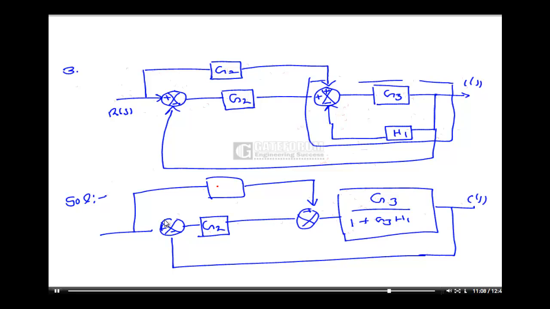Now we have to move this summing point from here to here. Okay. After moving this summing point from here to here, it will be some multiplication at this point. That will be reciprocal of this.